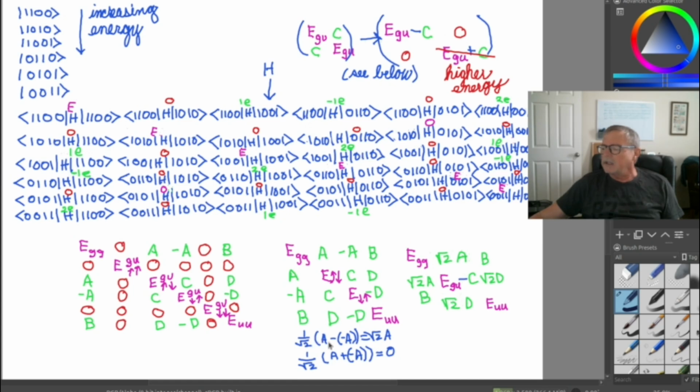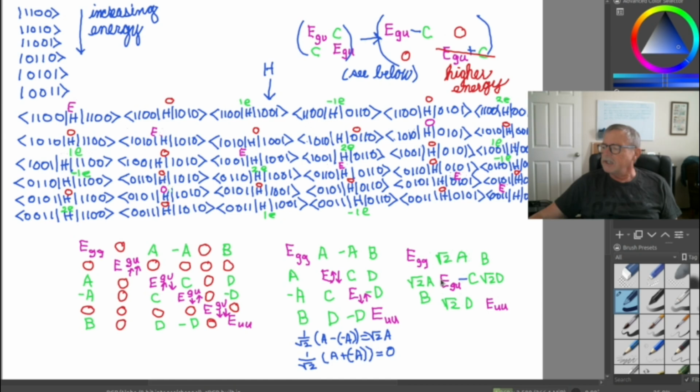If we take the A and the minus A, then we get a 1 over square root of 2 equals square root of 2a. A minus minus a gives you that. Now if we take an a plus minus a, that just comes up with a 0. So what's nice is we can combine those two different a states into square root of 2a, square root of 2d.